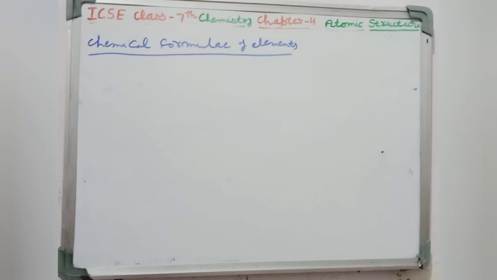As we have read earlier, the first work was done by Dalton for symbols, then Berzelius, right? From that we derived the chemical formula.